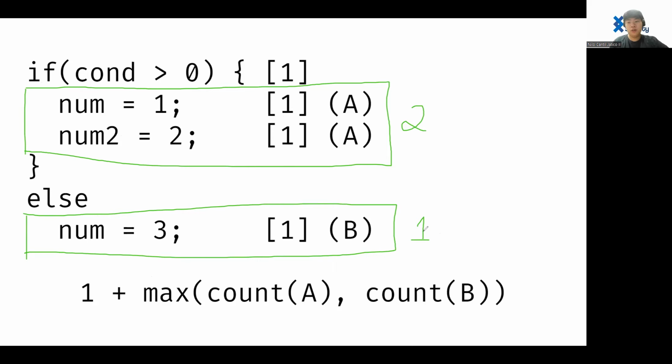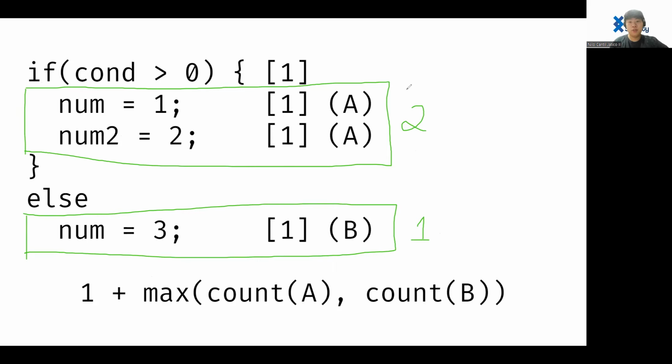We know that 2 is greater than 1, so we're going to get the frequency count from the if statement. Do note that in case there are a lot more steps in the else statement, then you go for the else. But since in this case the if statement has the greater number of steps, we're going to go for the statements that fall under the if statement.